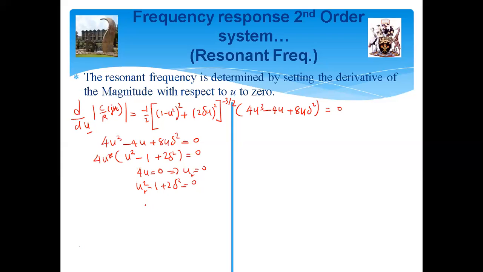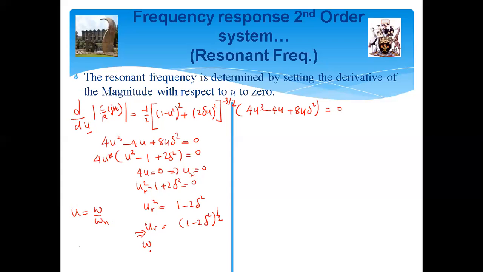Rearranging that, but we know our u is actually omega over omega n.